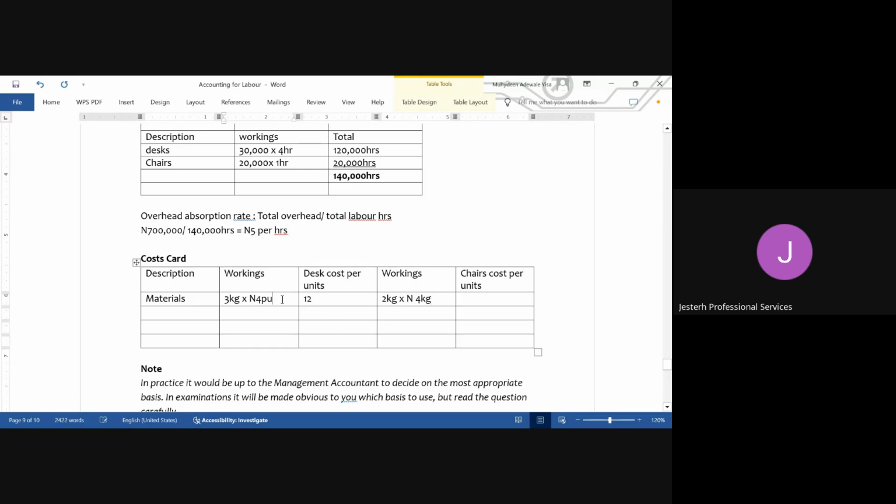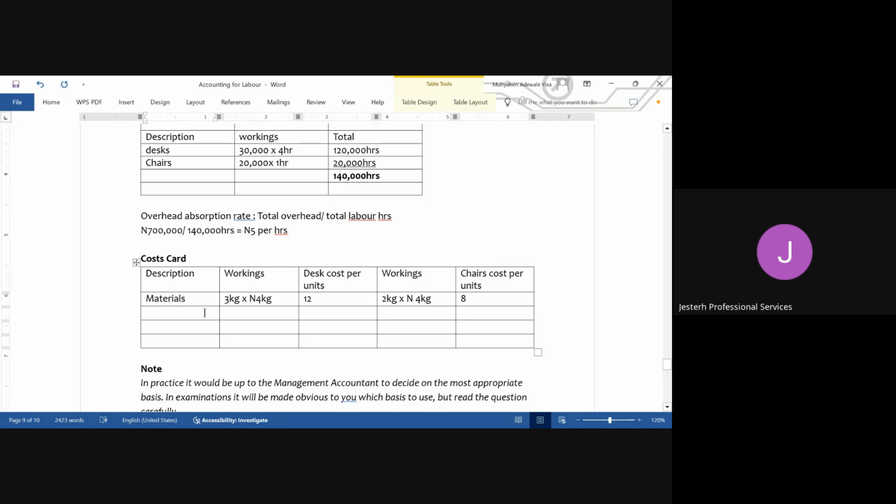This one is going to be 2 multiplied by 4, which gives us 8. It means we are going to spend 8 naira to purchase the material that we need to produce this chair.